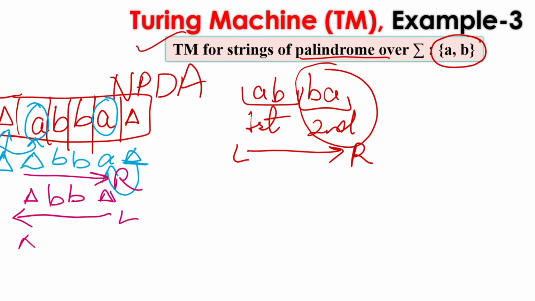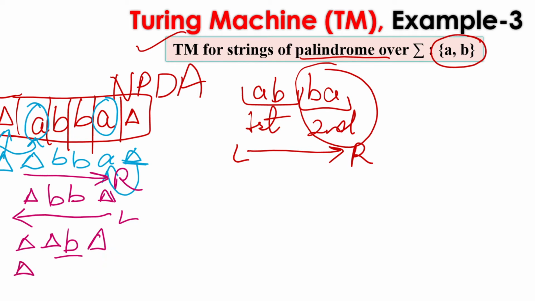So after this we replace the second symbol with a blank, and now we move to the right only, and from the extreme right, the first blank after the string, we move one position left, and from this position we will have a B only.